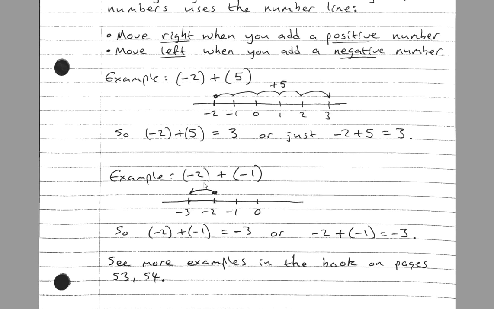Okay, another example, -2 plus -1. This time we're adding a negative number, so we have to move to the left. We're starting at -2 again, and this time moving to the left 1 unit. We end up at -3.